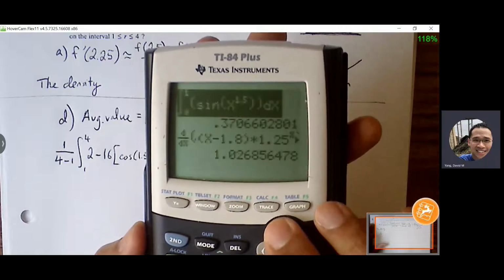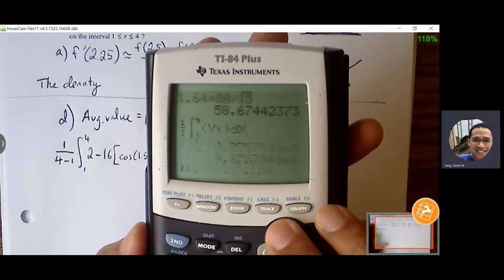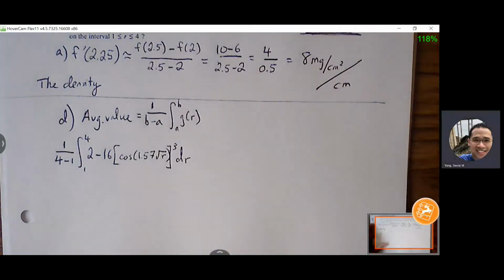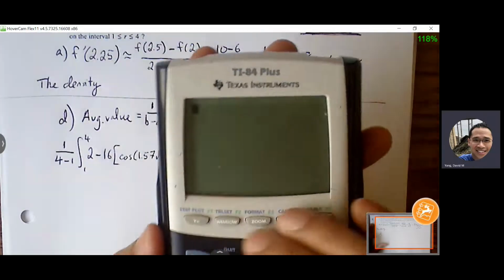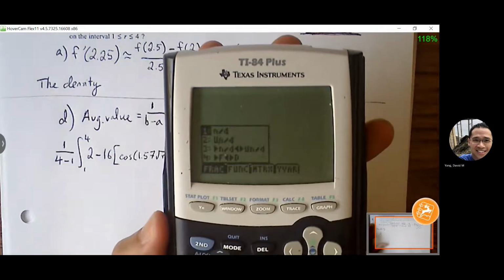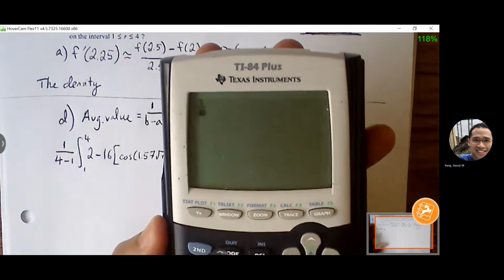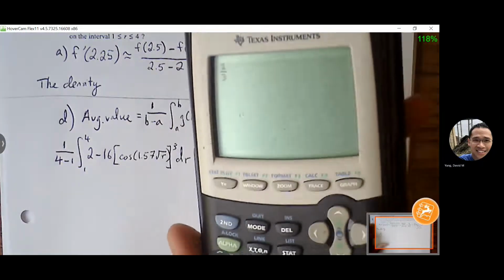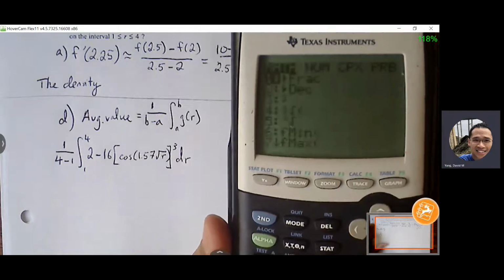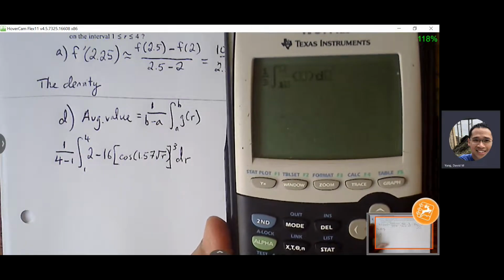I typed in the function here. Then math 9, integral from 1 to 4.